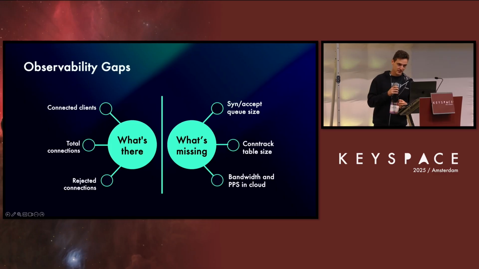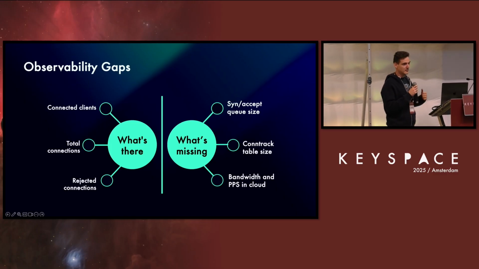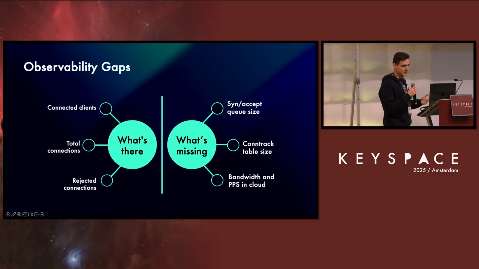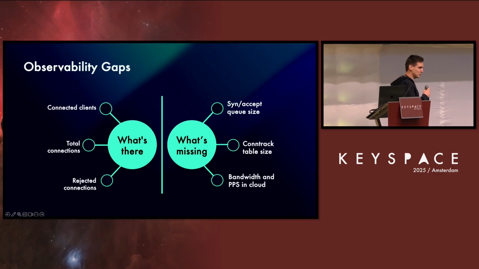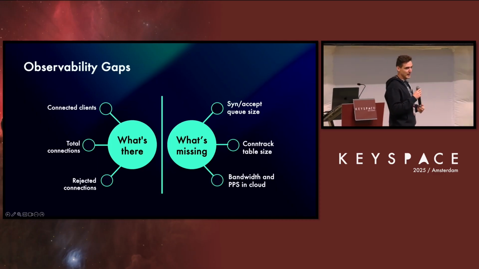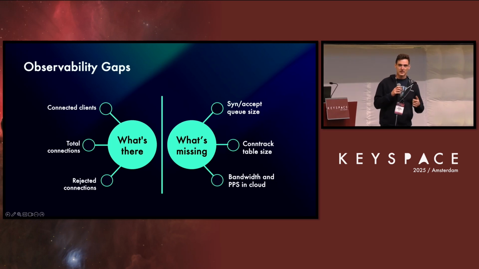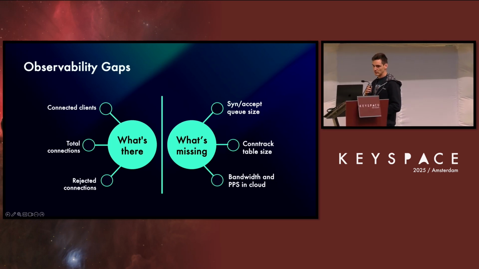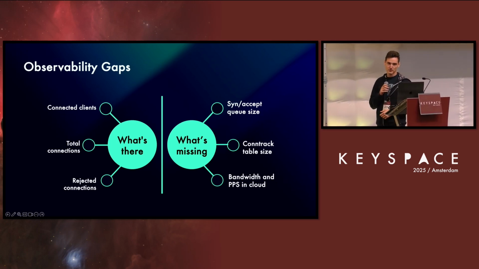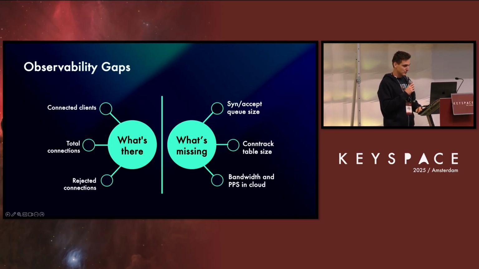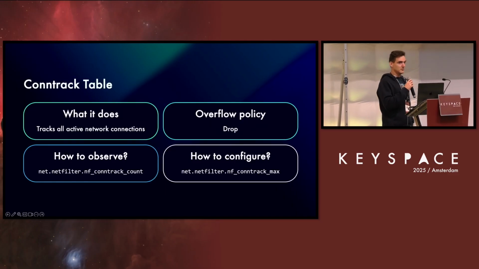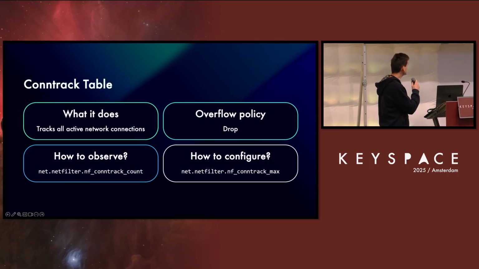What is usually missing is kernel-level metrics like size of the queues, size of the conntrack table, and in case you deploy into a cloud environment, there are some cloud-related metrics that you also need to be aware of, because they are there. So let's talk about each of them in a little bit more detail.